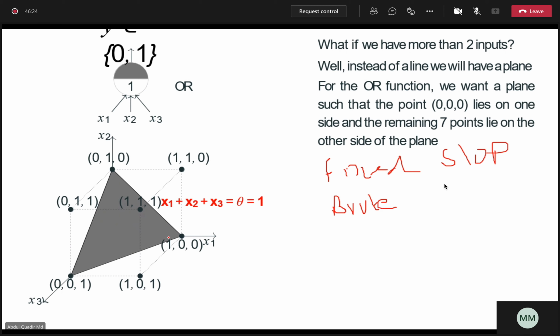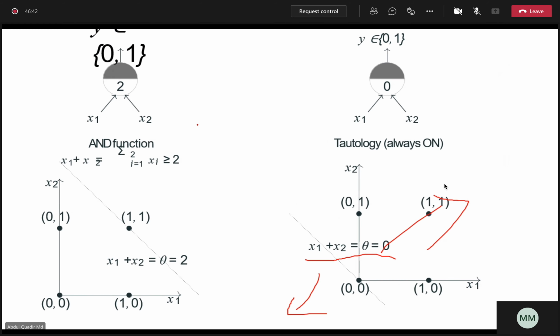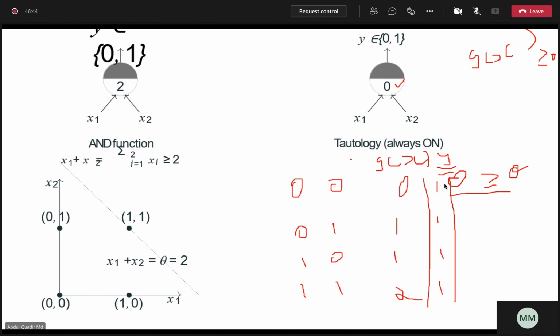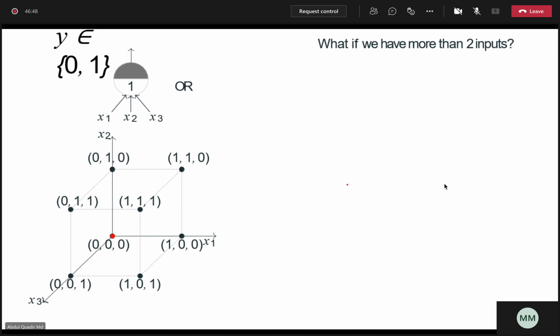Equal importance is given to all the inputs. It is unable to handle non-Boolean inputs; apart from 0 and 1, it cannot handle any numeric integer. And it is non-linearly separable for XOR. For XOR, unlike how we have done for OR, tautology and other Boolean functions, it is non-linearly separable. You cannot classify.